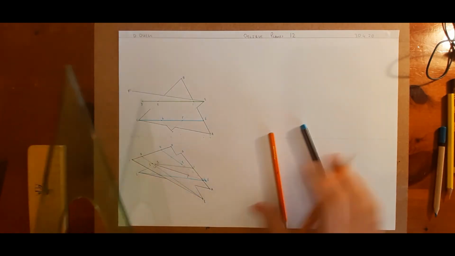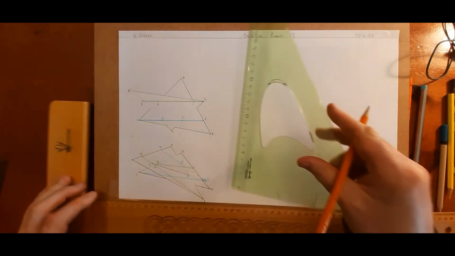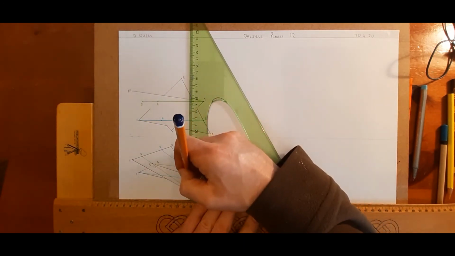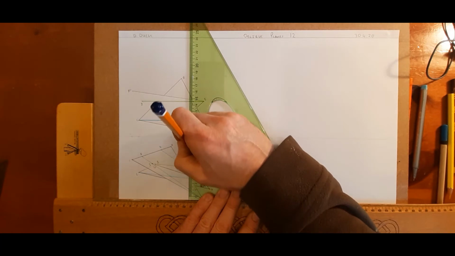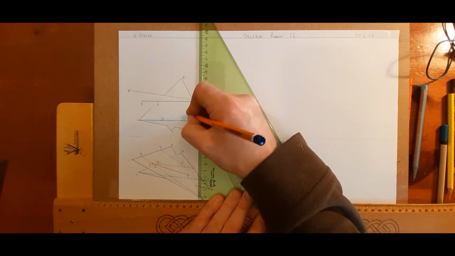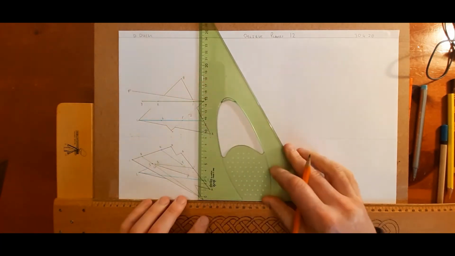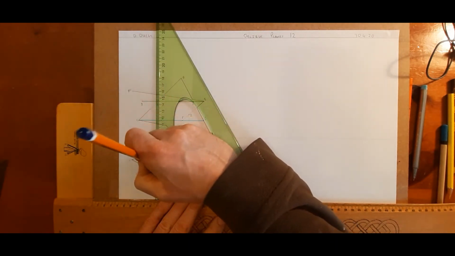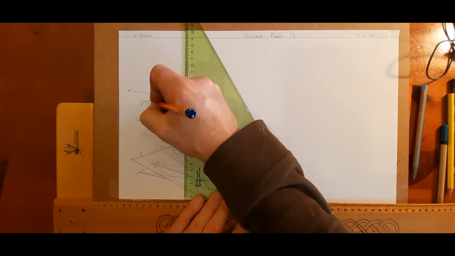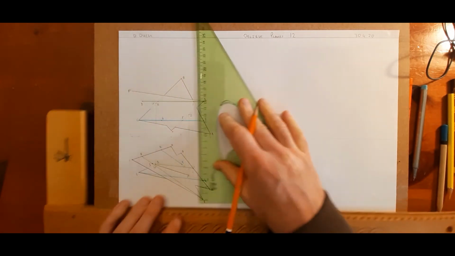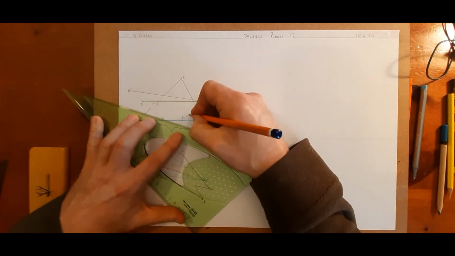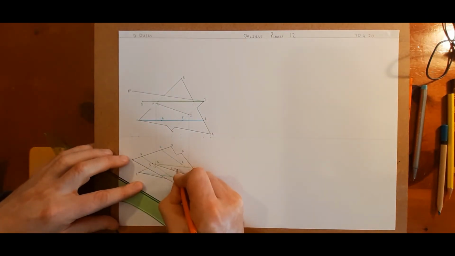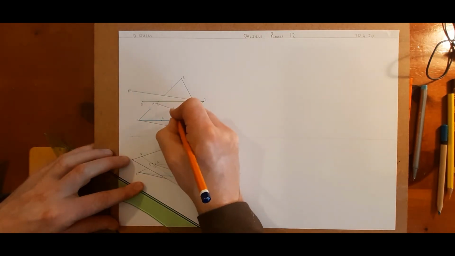So we'll just get them in elevation first. I'll just mark that in there, LOI, line of intersection.